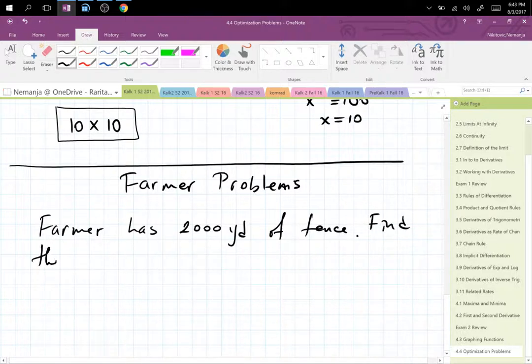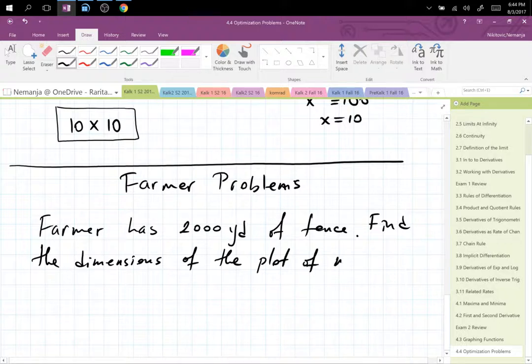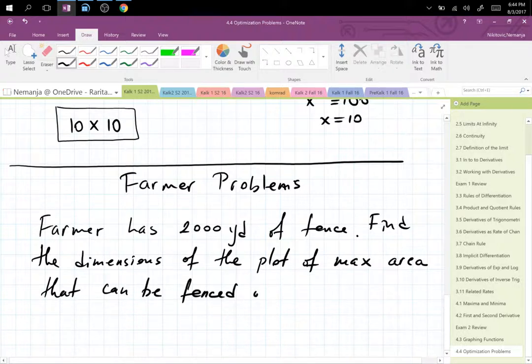Find the dimensions of the plot of max area that can be fenced off. So what are the dimensions, right?